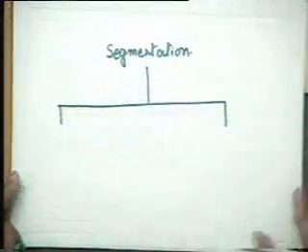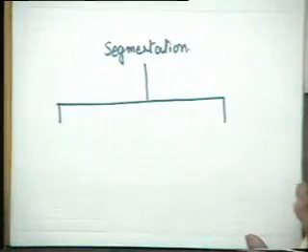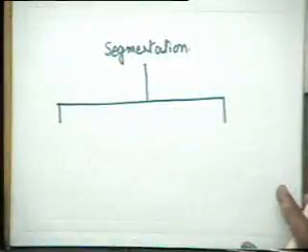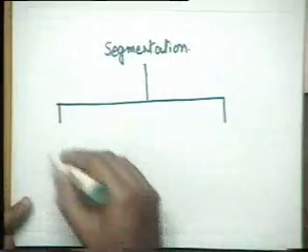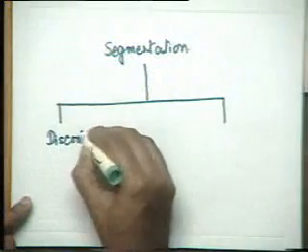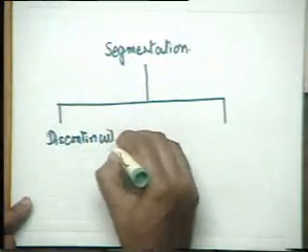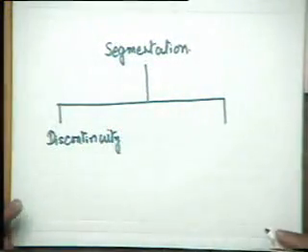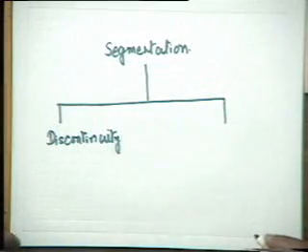The first is through detection of discontinuities in the image. That is to say, to do the segmentation we detect the discontinuities in the image. Discontinuity in the image means variation in pixel intensities. And where should we have variation of pixel intensities? At the boundaries, obviously.